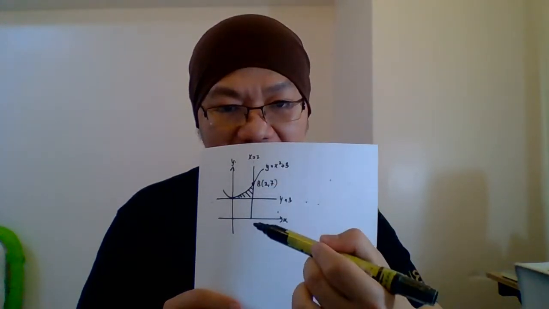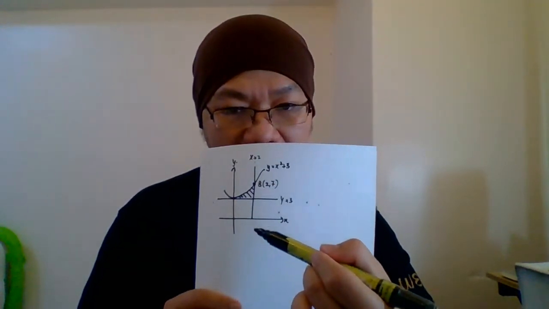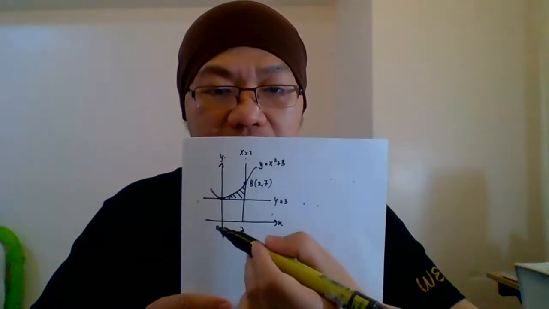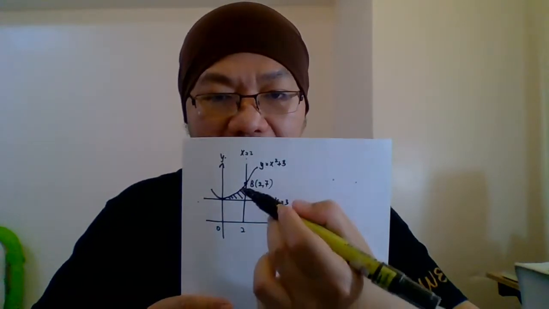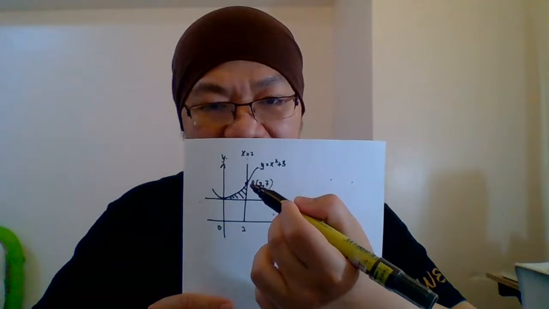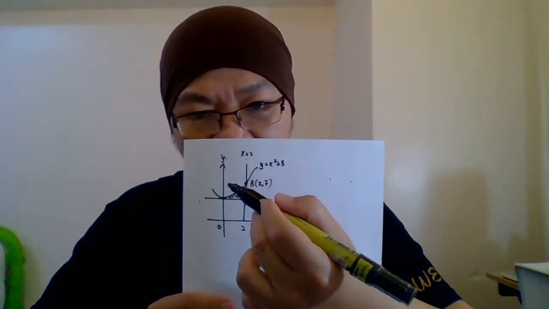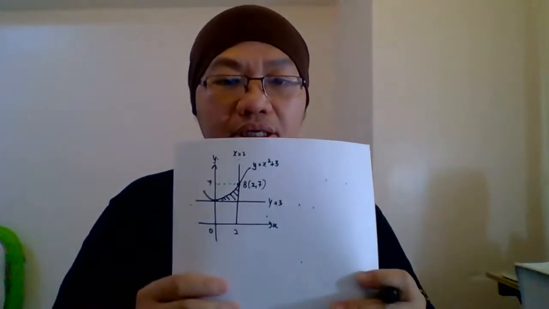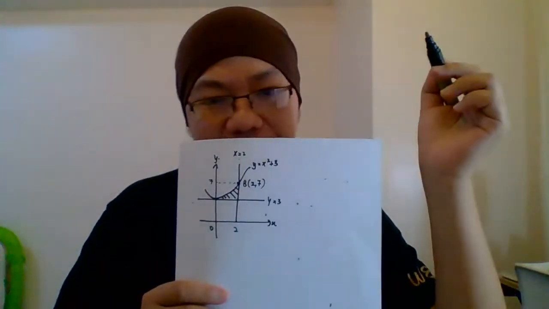That means you need to write 2 at the bottom here. So 0 here and this is 2. The point B is also given as (2, 7). This is 2. Where's your 7? Here is your 7.